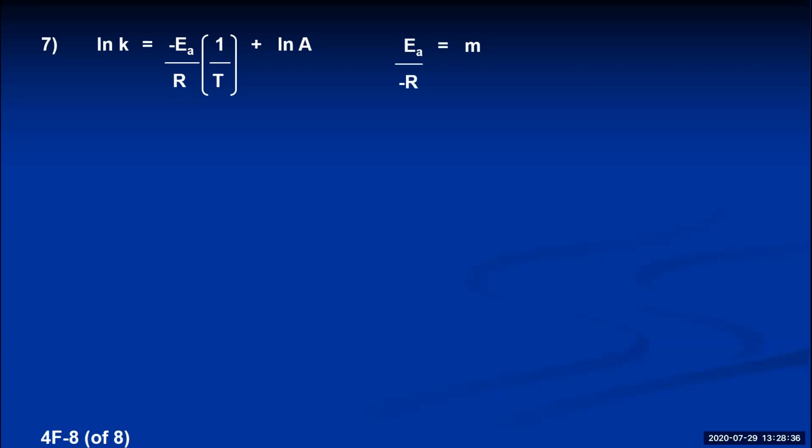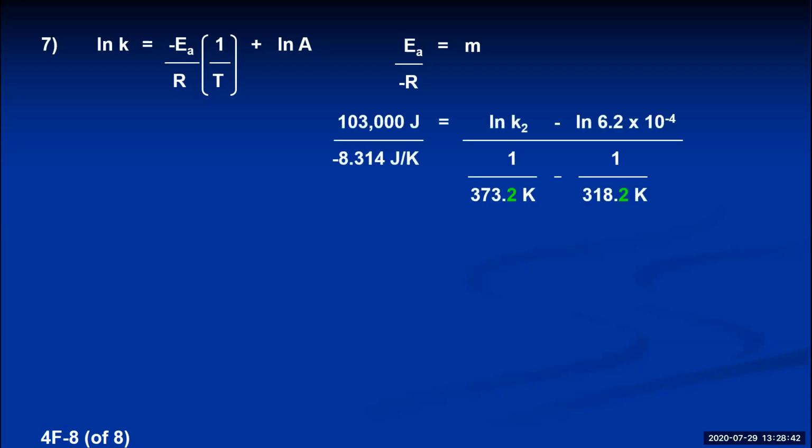So here's how we do it. I plug in E sub A over R, which in joules would be 103,000 joules, divided by negative 8.314 joules per Kelvin. That equals my slope.